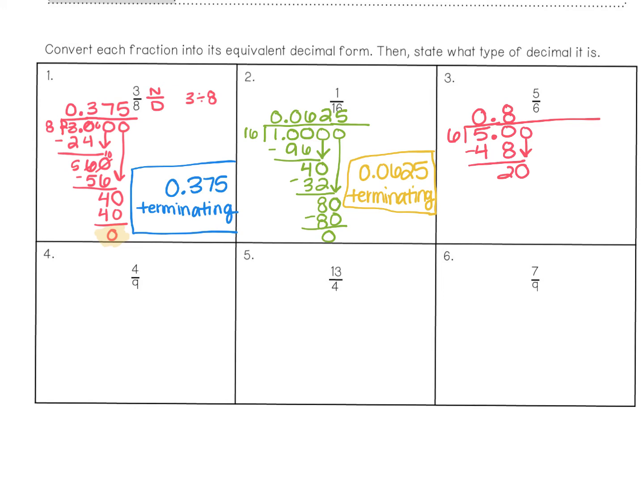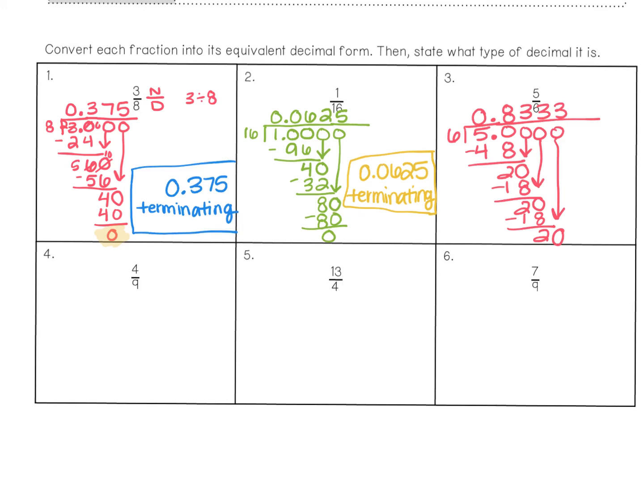I know that 6 will go into 20 3 times. We got 20 again. And now we got 20 again. So we're just going to keep getting that number 20.